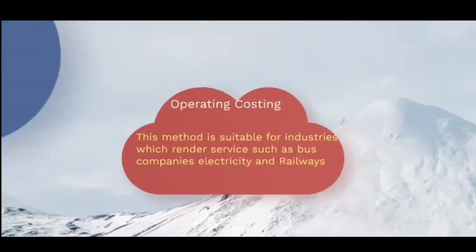Next one is operating costing. This method is suitable for industries which render service such as bus companies, electricity and railways. The cost of service is determined by its kilometers, hours and passengers per kilometer. The procedure of costing is broadly the same as process costing, except that the cost unit is an operation instead of a process.